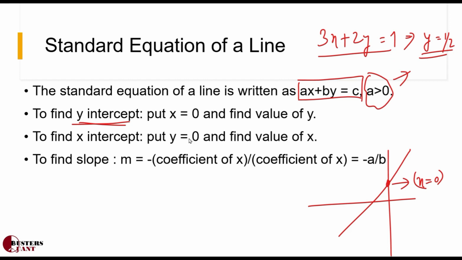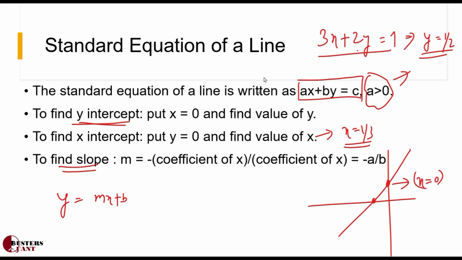Similarly, to find the x-intercept, where y equal to 0, put y equal to 0. For this line, x-intercept is equal to 1 upon 3. To find the slope of the line, what we can do, we can convert this line into this format, mx plus b.